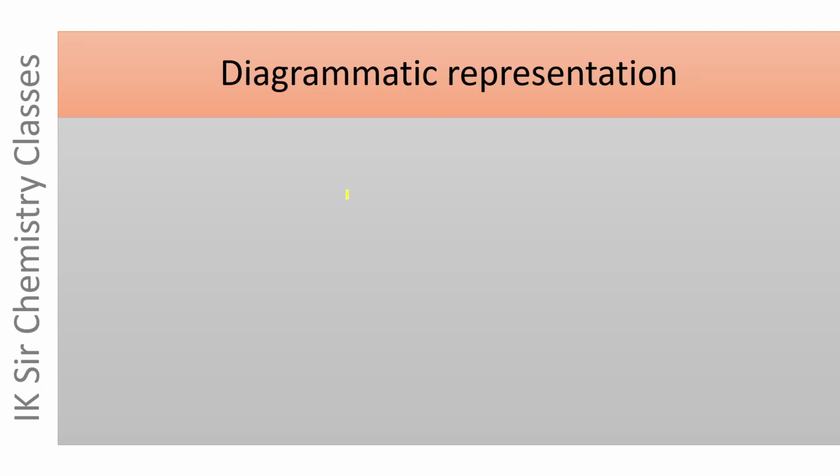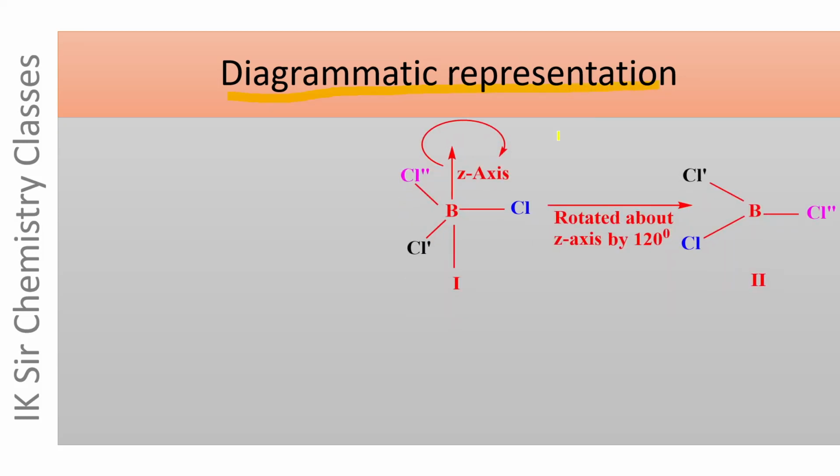Let us see the diagrammatic representation for the illustration of symmetry operation. It is the BCl3 molecule. Its orientation number 1 is here. It has a triangular planar shape, and this Z axis is perpendicular to the plane of the molecule. This molecule is rotated about the Z axis by 120 degrees.